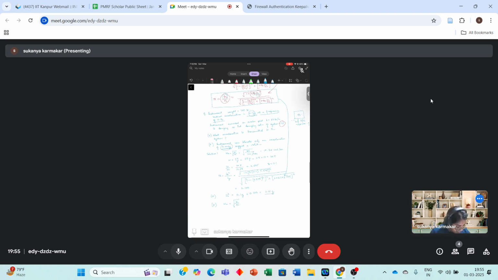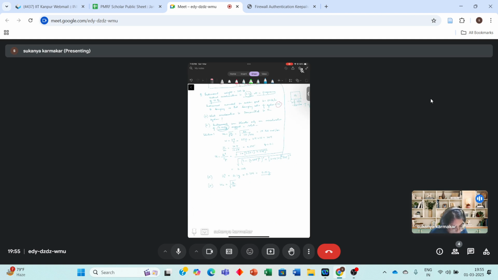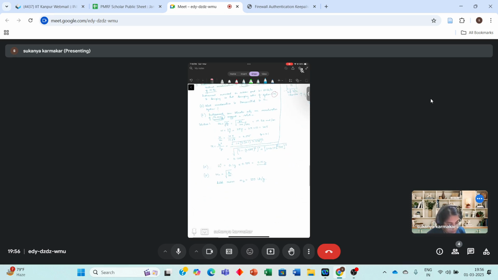So suppose I add a mass MB of, let's say, 150 pounds per g. So the total mass will be, earlier I had 100, so plus 150.